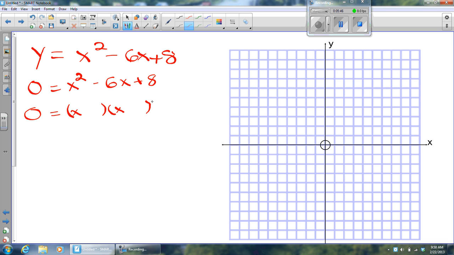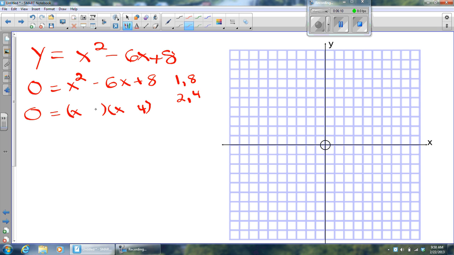And we're going to list the factors of 8. So we have 1 and 8, 2 and 4, and that's it. So we need to find the two numbers that can add or subtract to give us -6. So here we can use 4 and 2.